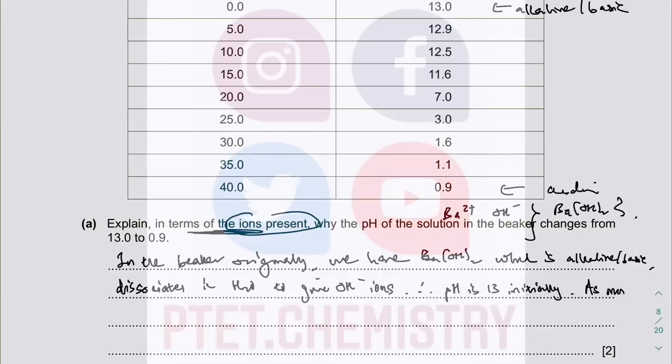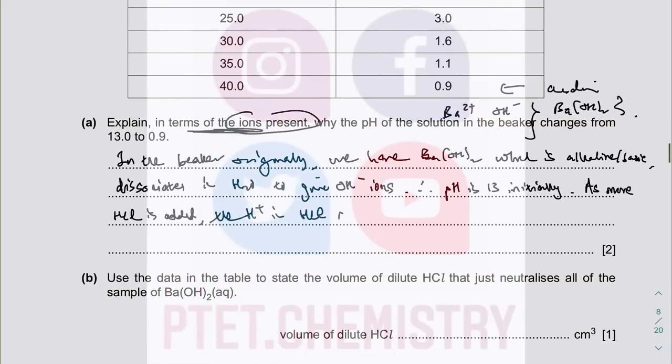As more HCl is added, the H plus in HCl can neutralize the OH minus present.